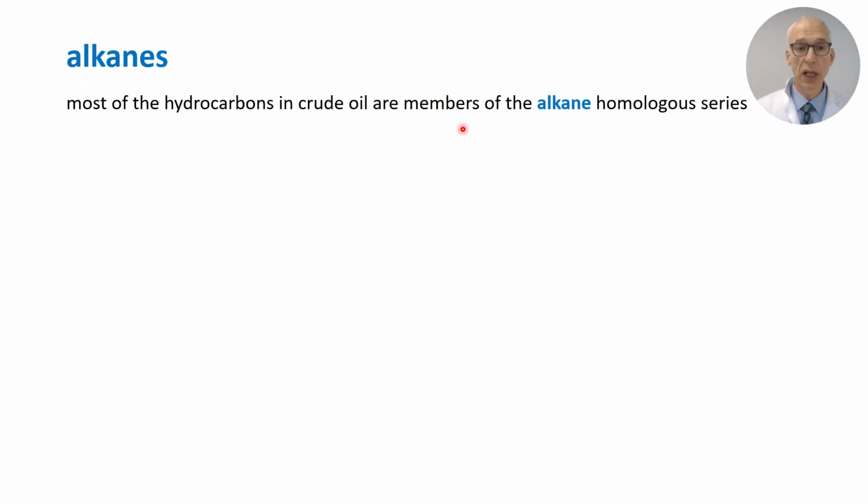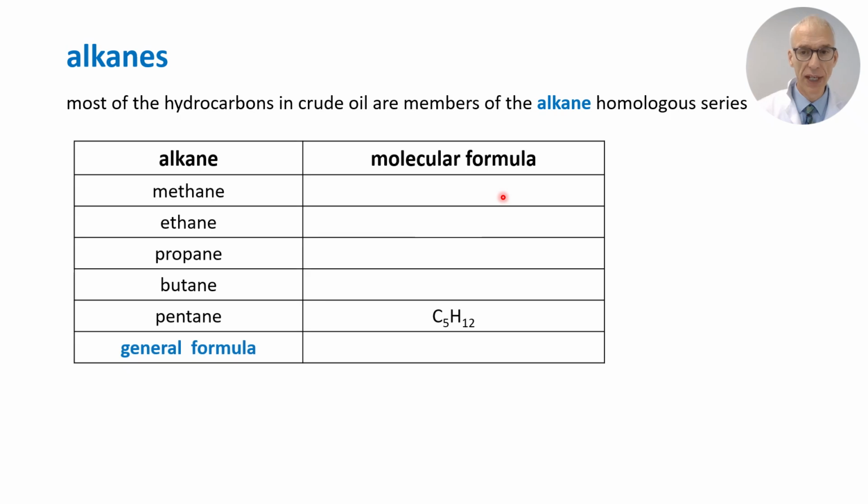So most hydrocarbons in crude oil are members of a homologous series, the alkanes. So let's look at the first members of the alkanes. We've got methane, ethane, propane, butane, and pentane. I've given you the molecular formula. From that molecular formula, can you work out a general formula?